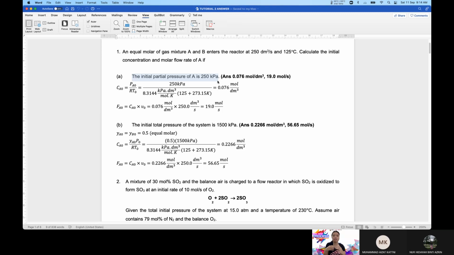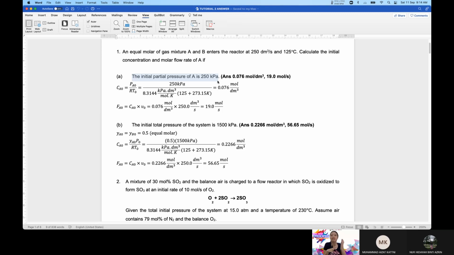So when you have a system of two gas, okay, and you have to really indicate pressure yang kamu tahu tu pressure spesifik kepada spesies A atau spesies B atau jumlah tekanan. Kalau jumlah tekanan tu maksudnya adalah tekanan A dan tekanan B sekali. Dalam case A ni dia beritahu kita tekanan A sahaja, means we know directly how much pressure of A in the system, which is 250 kilopascal.